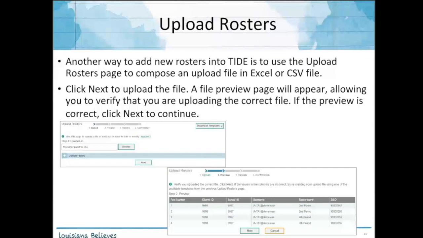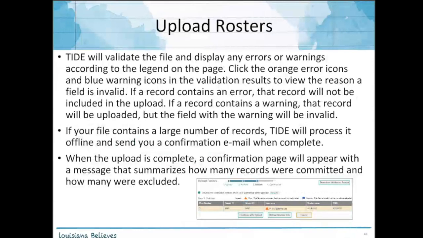You can also upload your rosters. Again, there are Excel and CSV files that are available. You complete those files, save them, and then upload them, and all your rosters will be created at one time. Just like with students, if you have errors in your file, it will still upload, but you will have to go in and make changes to that file before the students begin testing.